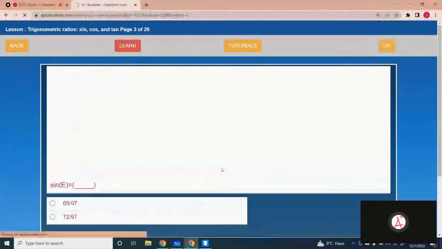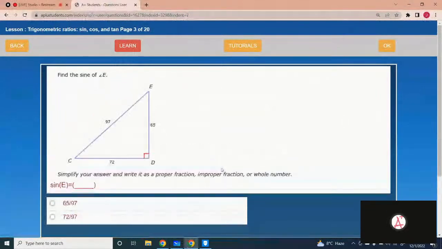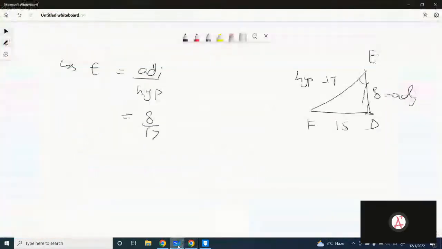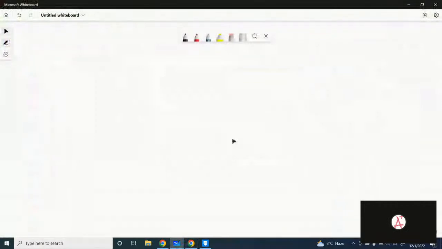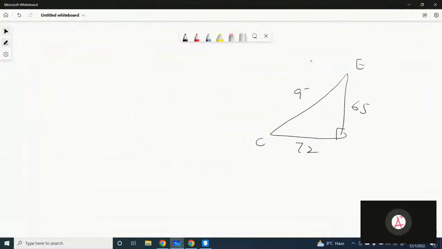Okay, the next one is to find the sine of angle E. The triangle is C, E, and D. The sides are 65, 72, and 97.